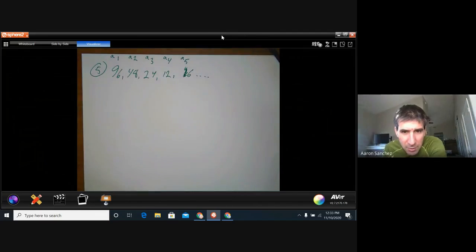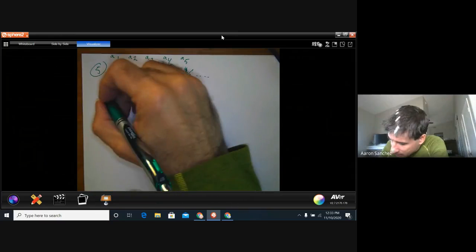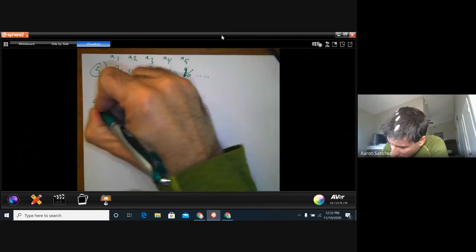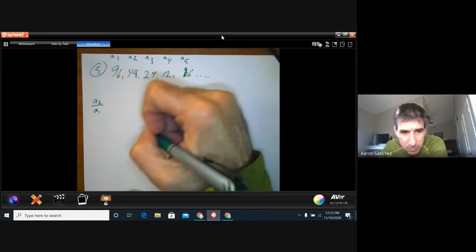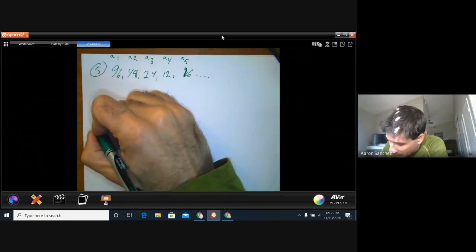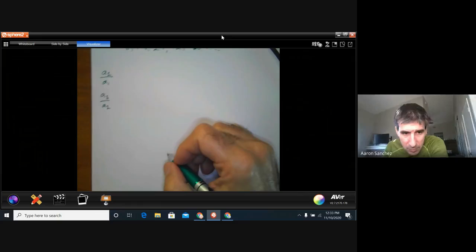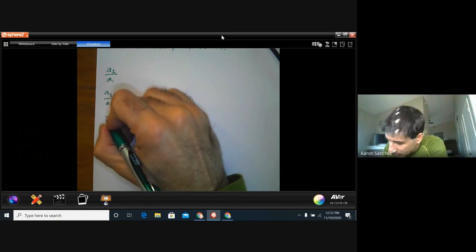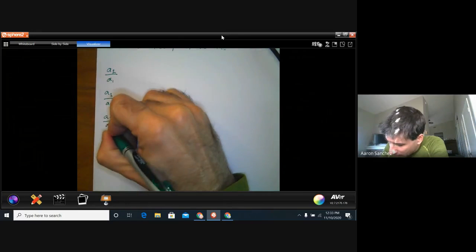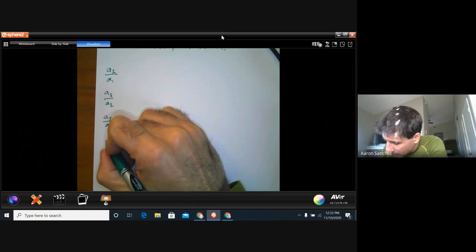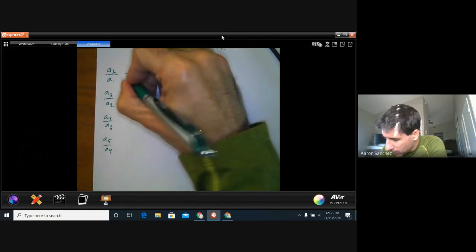Now, to figure out the ratio, you go like this. A2 divided by A1. And then let's figure out A3 divided by A2. And then A4 divided by A3, and then A5 divided by A4. Let's see what happens for each one of these.